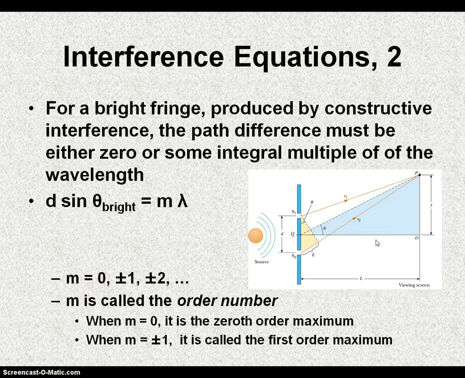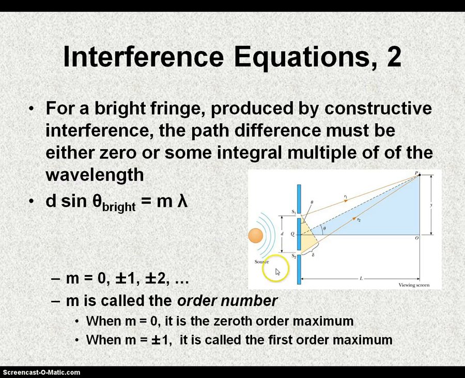So we have equations for the interference patterns, okay? And in order to calculate them, we have to have two different equations, one for the bright fringes and one for the dark fringes. So if you look here, this shows another sort of diagram of the scenario. You have S1, the slit 1, and you've got a ray coming here, and then you have slit 2, a ray coming here.